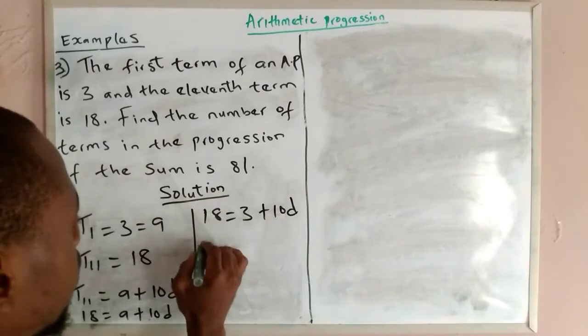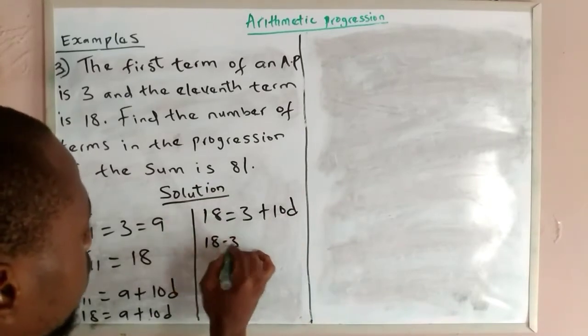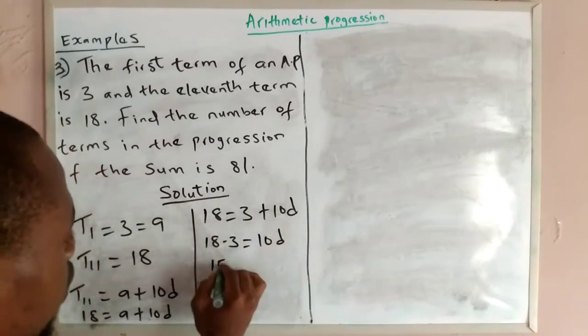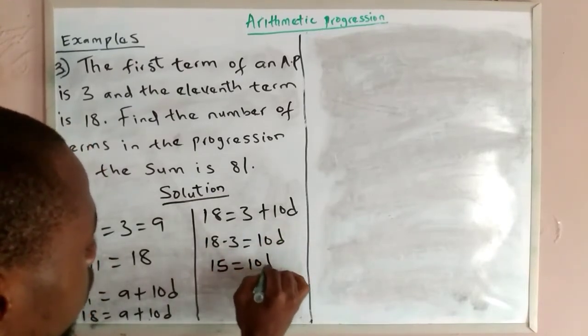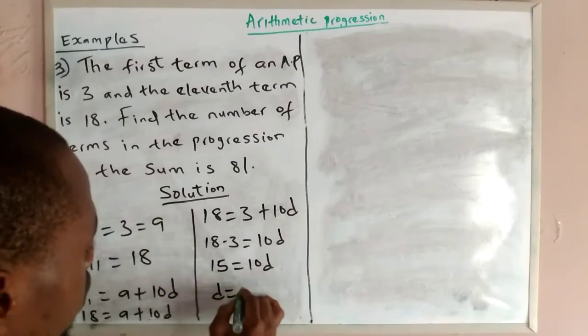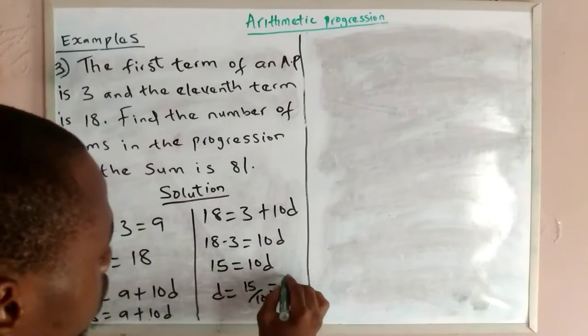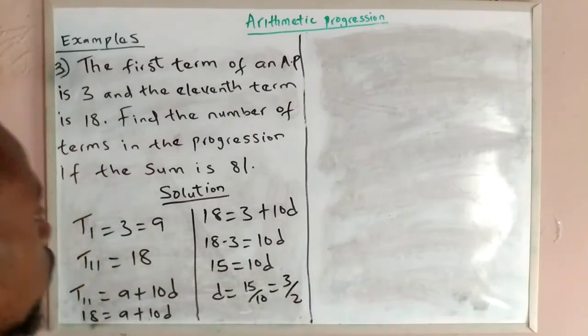Then we collect the like terms. So we have 18 minus 3 is equal to 10D. And from here we have 15 is equal to 10D. So the value of our D is equal to 15 divided by 10, and that will be equal to 3 over 2.